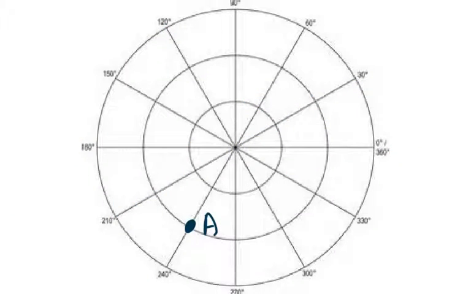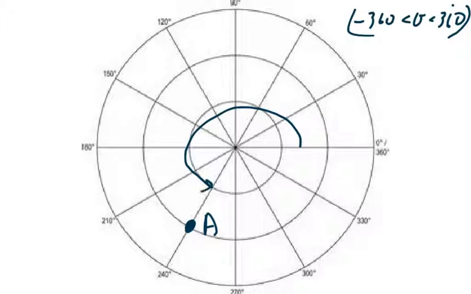For this next problem, we're going to come up with 4 different ways to name letter A using degrees between negative 360 and positive 360. So the easiest thing that we see is that this is obviously at 240, because it tells me that it's at 240, and it's on the second circle.